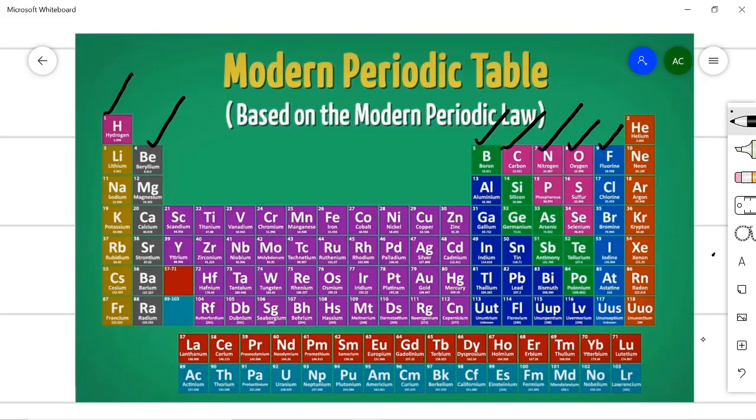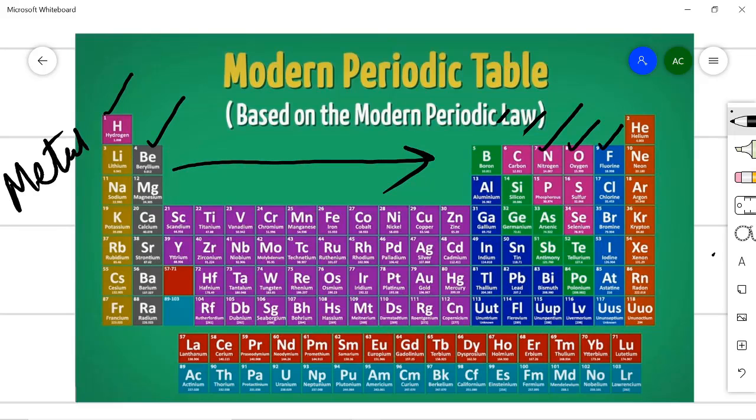What are the main characteristics of representative elements? They include both metals and non-metals. Here it is metals and here it is non-metals. And what is the gradation? Gradation means when we move from left to right in the periodic table, it changes from metals towards non-metals. So the metallic character decreases here, and the non-metallic character increases.